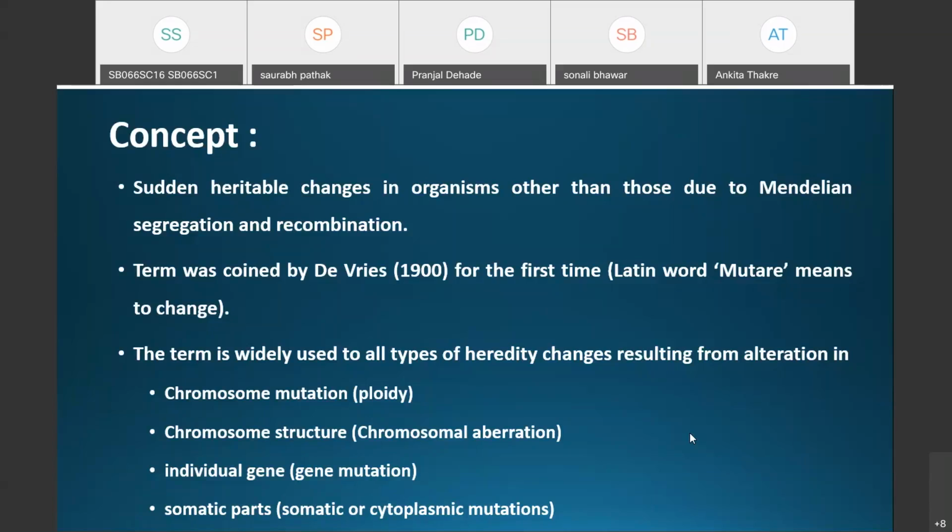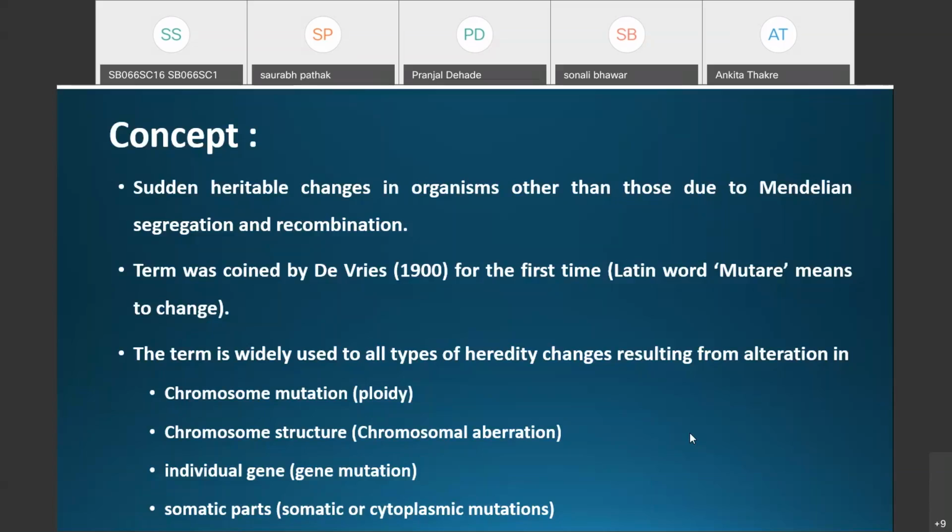The second is changes in the chromosome structure, which are also referred to as chromosomal aberrations. These are another type of mutation. Then the mutation may take place in an individual gene. When it takes place in an individual gene, it is said to be a gene mutation.